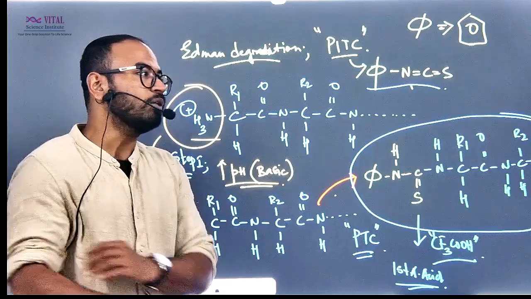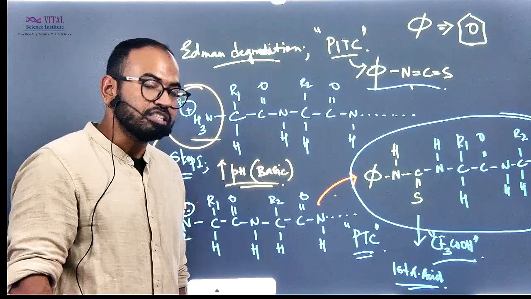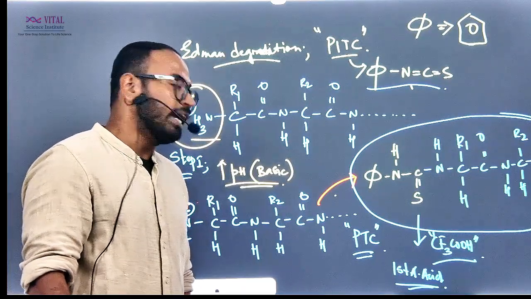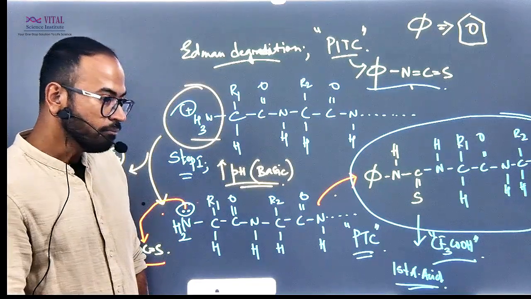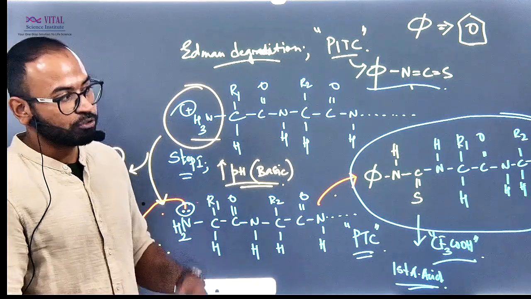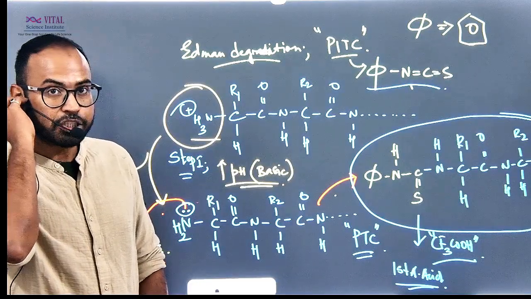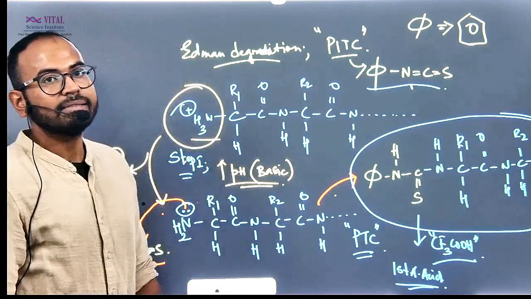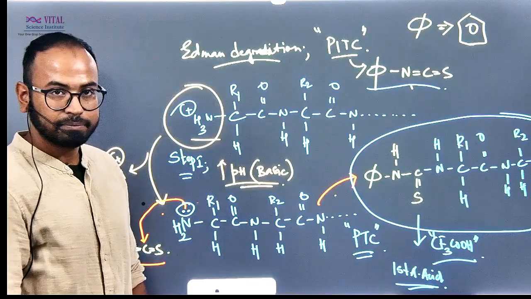But if this peptide chain is unknown and we are initiating a sequencing mechanism, then the first amino acid along with our phenyl isothiocyanate unit, this entire structure, needs to be subjected to MS, that means mass spectroscopy, so that we can identify which amino acid is attached with our phenyl isothiocyanate. So by this mechanism, we can recognize the first terminal amino acid over here.